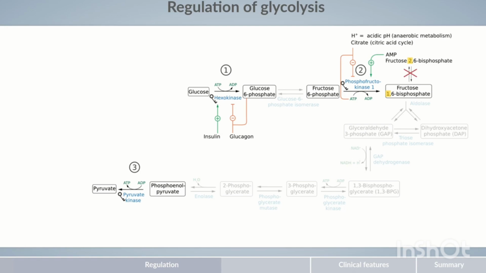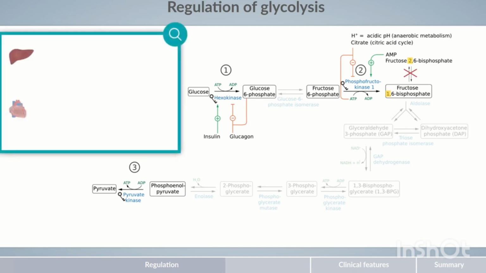The activation of phosphofructokinase 1 by fructose 2,6-bisphosphate helps in the tissue-specific hormonal regulation of glycolysis. This regulation is triggered by increasing or decreasing cAMP levels. So, for example, in a catabolic state, glucagon is released, elevating cAMP levels in the liver.